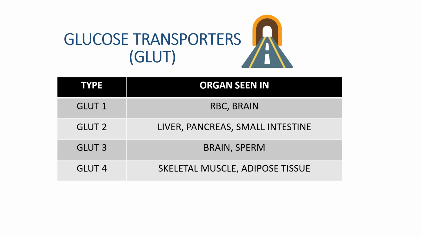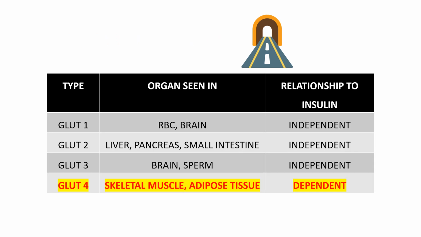GLUT1 is especially seen in RBC and brain, whereas GLUT4 is seen in skeletal muscle and adipose tissue. GLUT4 is there all across your body because skeletal muscle and adipose tissue are all across your body. GLUT4 is important because insulin is directly proportional to GLUT4. When insulin is there, GLUT4 is there. If insulin is not there, GLUT4 is not there.